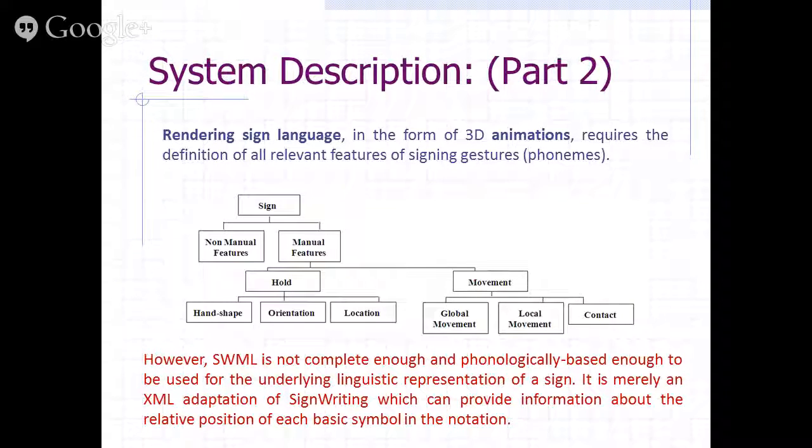And then it says on the bottom, however, SWML is not complete enough and phonologically based enough to be used for the underlying linguistic representation of a sign. It is merely an XML adaptation of SignWriting, which can provide information about the relative position of each basic symbol in the notation.